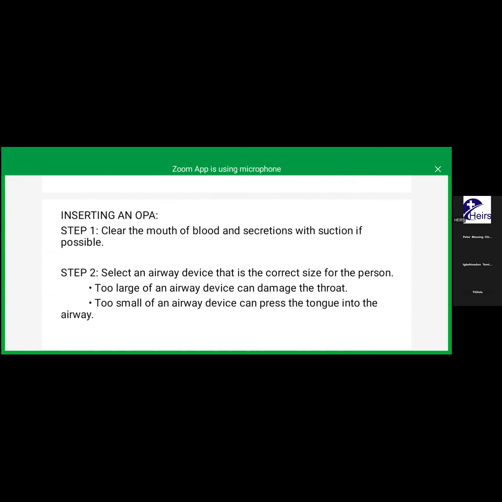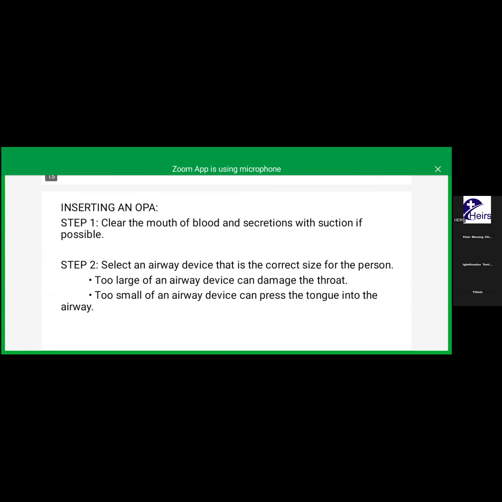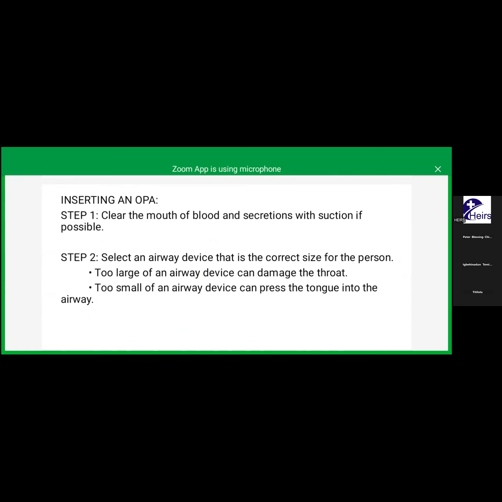So we'll talk about how to insert the oropharyngeal airway. As a paramedic, you are the assistant at the emergency unit and the first person in contact. As soon as you check this patient and the airway is compromised, the next thing you need to do is the head tilt and chin lift.